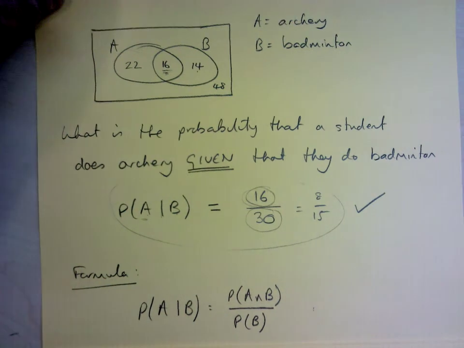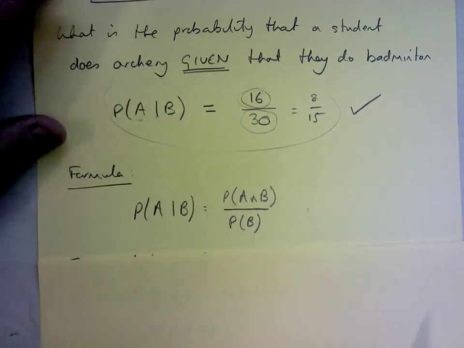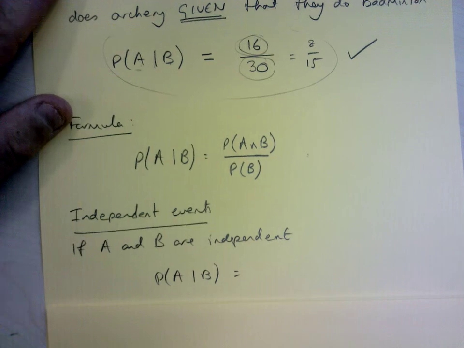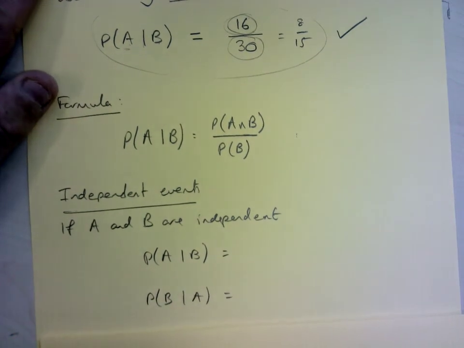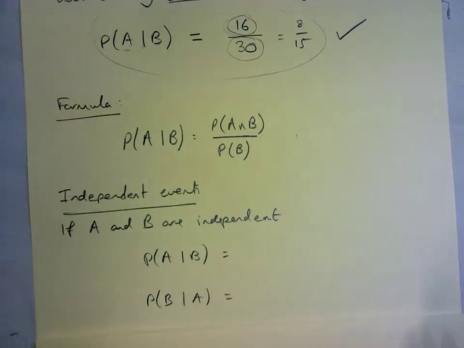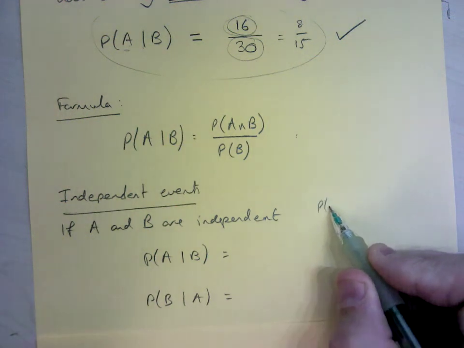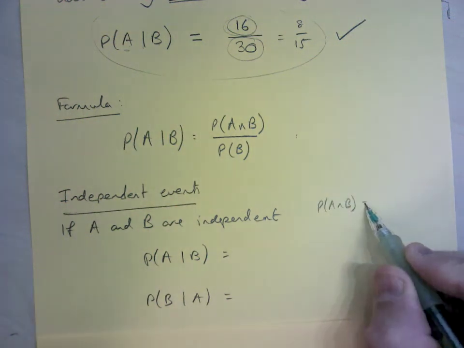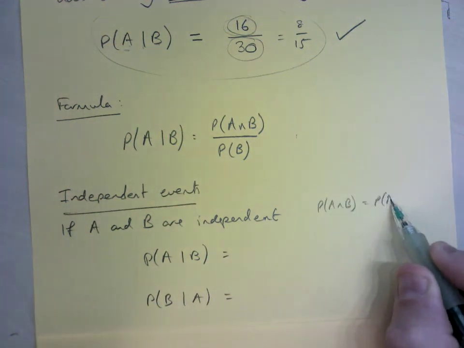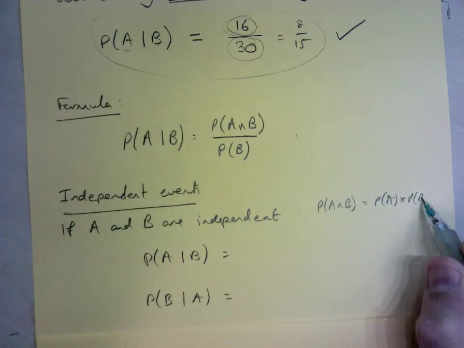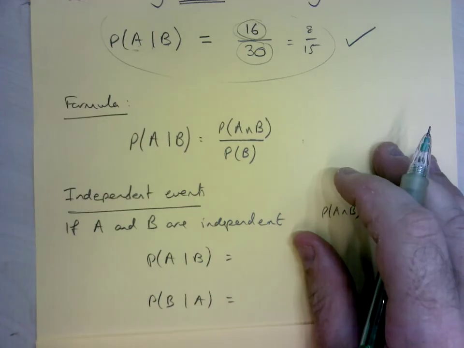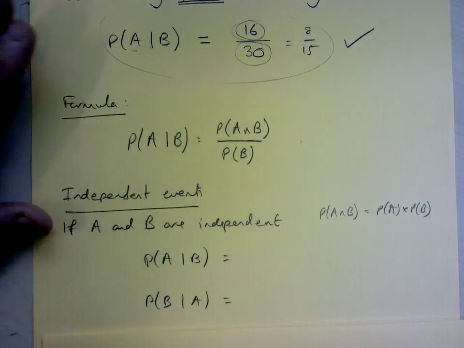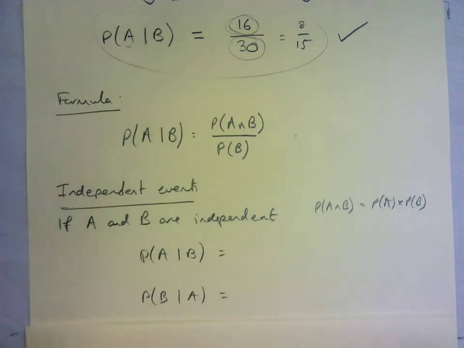Okay, there's a few other little things to mention as well. Thinking about independent events. Now, we looked at these with our previous probability work. So I know that if they're independent, we already know that the intersection, the probability of A and B, is the probability of A times the probability of B. If we now think about in terms of conditional probability, there's an impact here on what these outcomes would be.